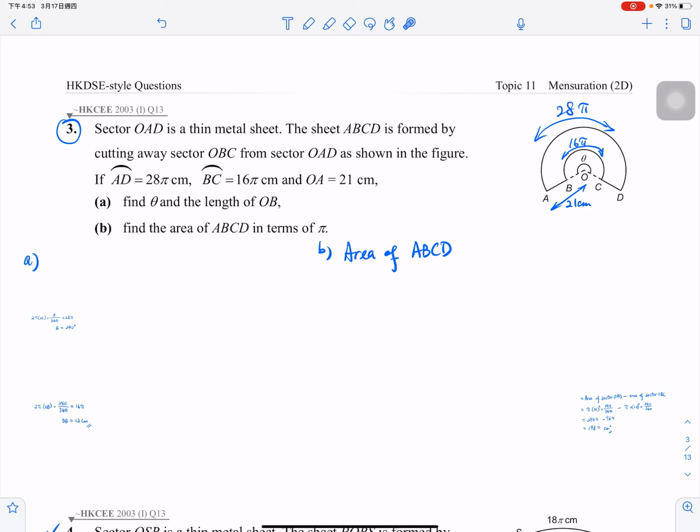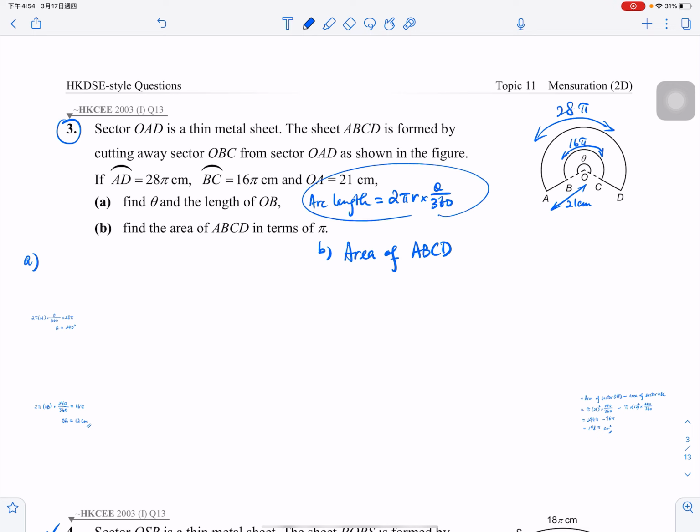So how to do it? Now you know the arc length of the longer one and the shorter one also. By using the longer one, because you know the radius of the larger sector, you just need to find theta. Remember, the arc length formula is 2 pi r times theta over 360.